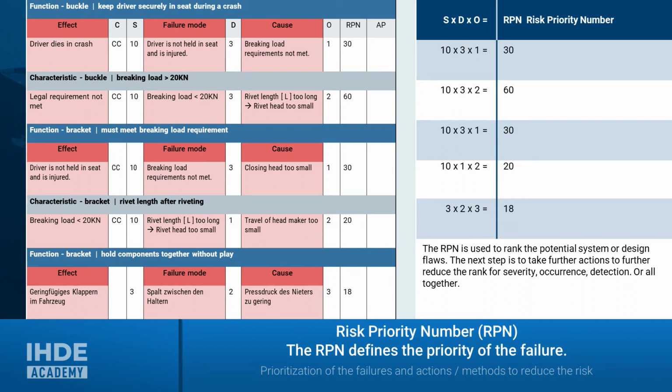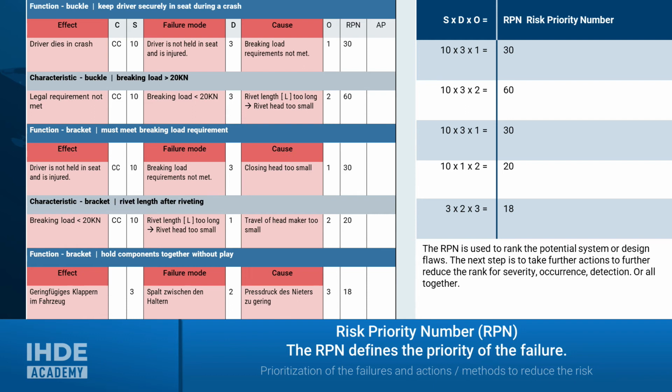As can be seen in the table, the risk priority numbers were calculated for the various functions and characteristics and entered in the FMEA form in the RPN column. The next step would then be to further reduce the risk priority number through appropriate actions. Of course, the question immediately arises as to how far this must be reduced.